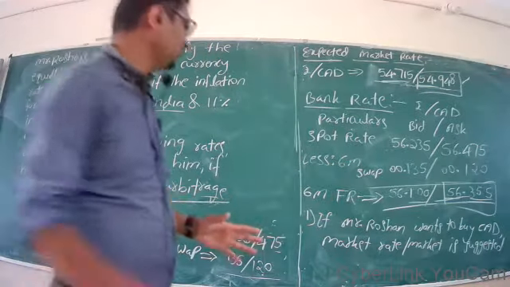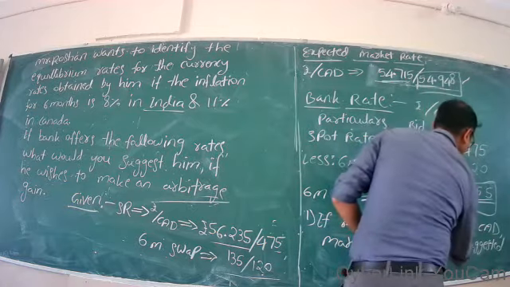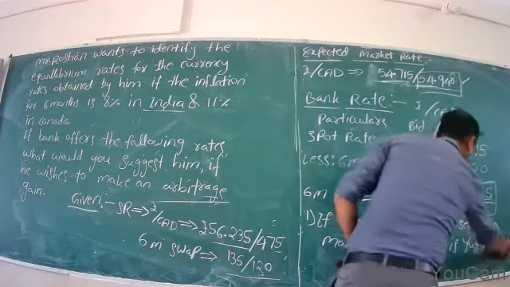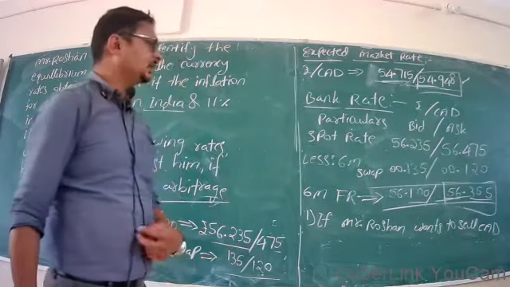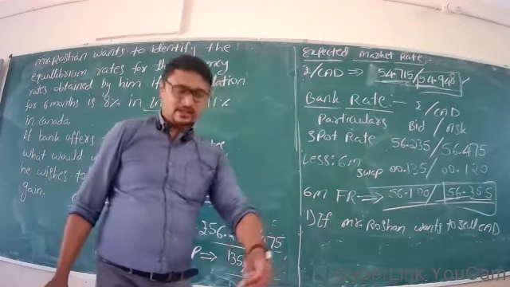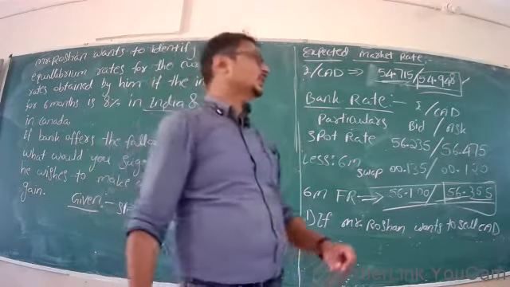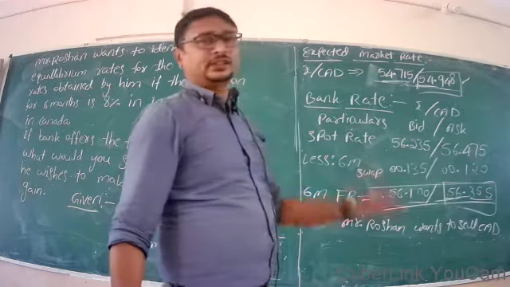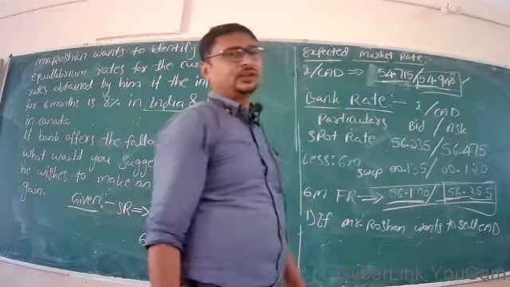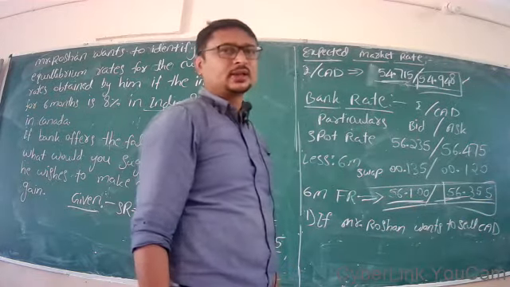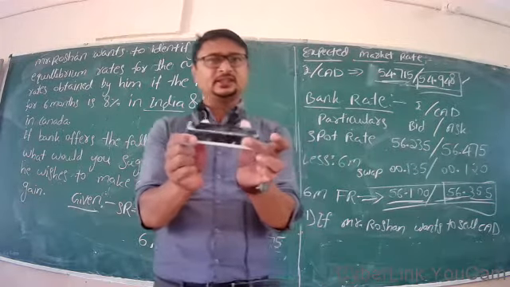Vice versa, if Mr. Roshan wants to sell, if this person intends to sell Canadian dollar, now which price is suggestible? If he sells the currency, the banker buys at 56.100 rupees. So in this case, Mr. Roshan is selling this Canadian dollar.